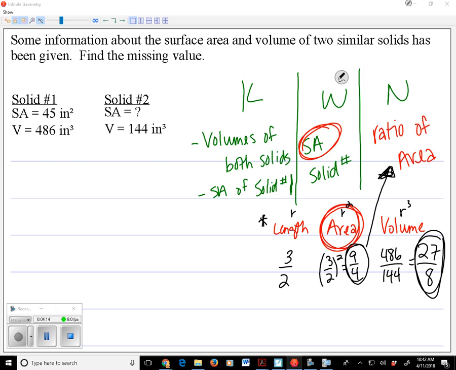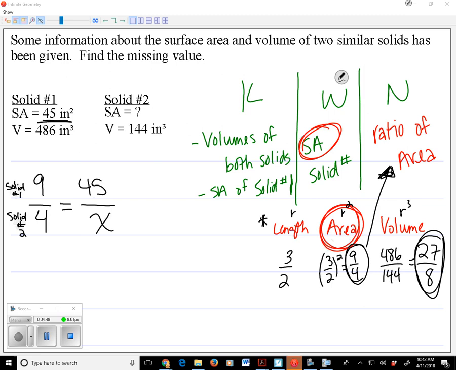So if we need the ratio of the areas, which is 9 to 4, we compared, remember, solid 1 to solid 2. So we have to make sure the corresponding areas line up. The surface area for solid 1 was 45 square inches, and we don't know the surface area for solid 2.